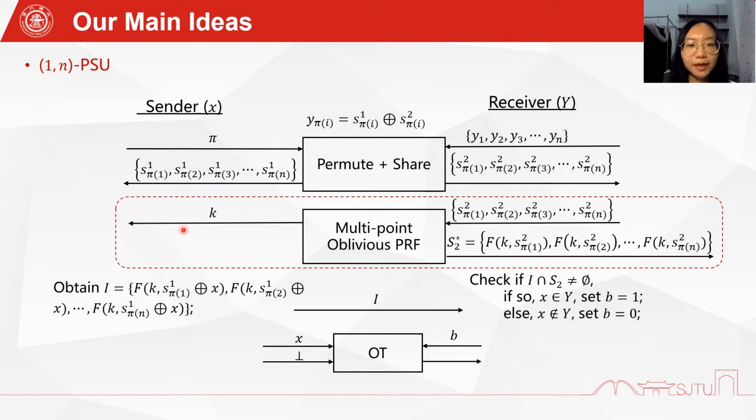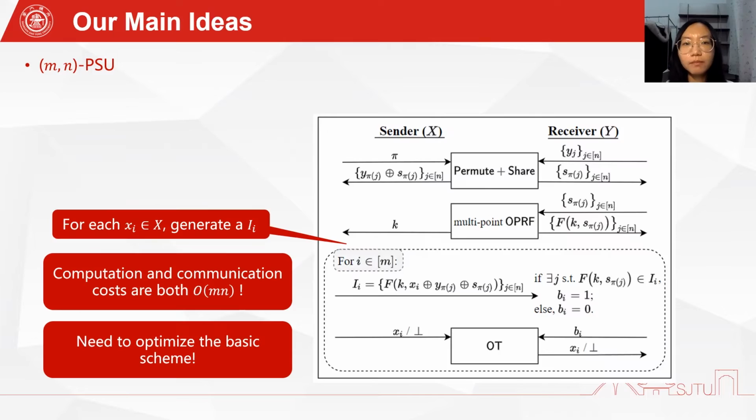Then the sender can use the key K to compute the PRF value for each item in the original set I and obtain the new set I. Then it sends the new set I to the receiver, so the receiver can check if X is in set Y and obtain the item X or a dummy item as before.